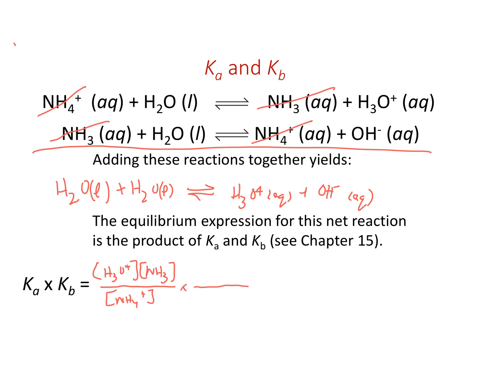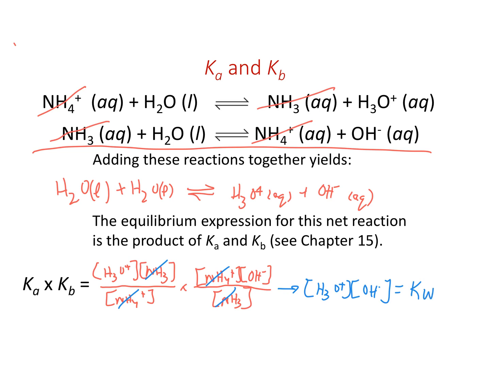So multiplying Ka times Kb, we multiply by the concentration of ammonium times the concentration of hydroxide all over the concentration of ammonia. We see that the ammonia cancels out, the ammonium cancels out, and we are left with the hydronium concentration times the concentration of hydroxide, also known as our Kw.